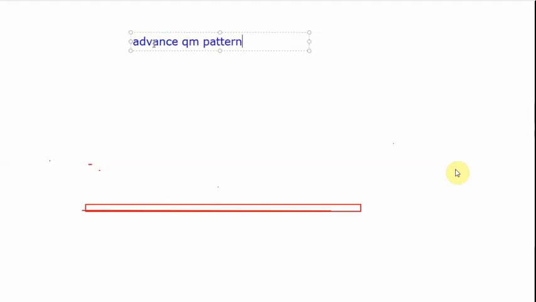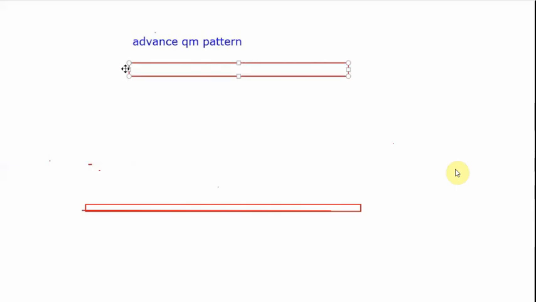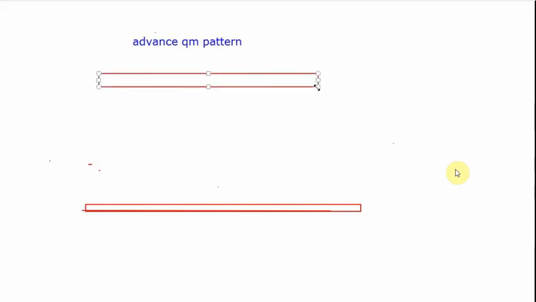Okay, this is our advanced QM pattern. So usually for our advanced pattern we have something like this. Same pattern plays out, QM.